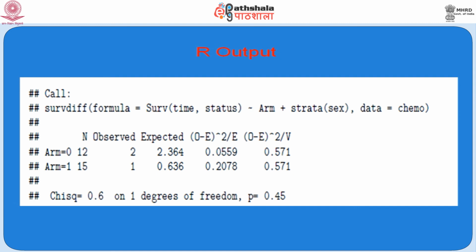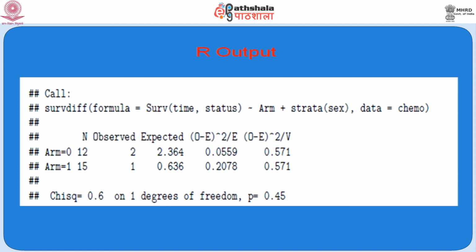So again we can say there was no treatment difference in survival between both arms. Again we have considered strata for male and female and found that no significant difference was observed. Considering 95%, no significant difference was observed between the arms.